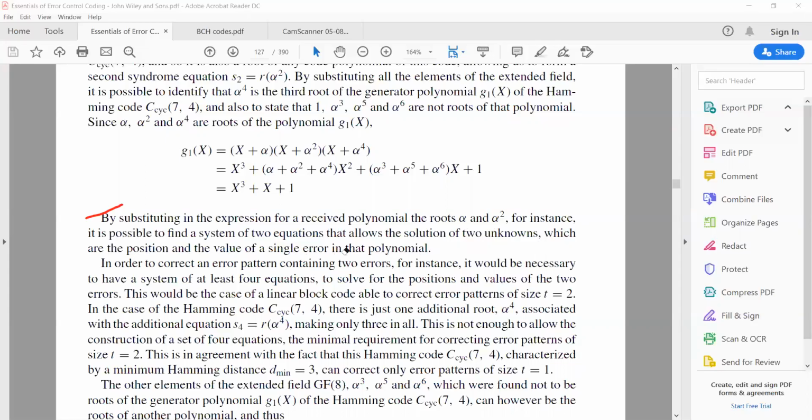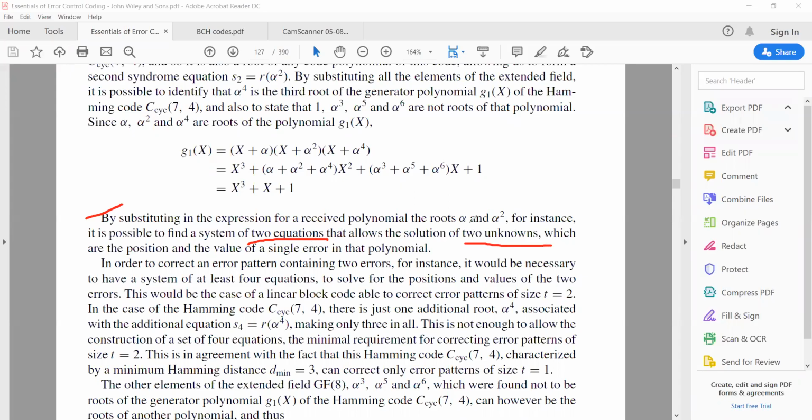That means we have a system of two equations that allows the solution of two unknowns. How are we doing this? We are replacing the received polynomial by the roots alpha and alpha square, one at a time. One time we replace alpha, and in another equation we replace alpha square.